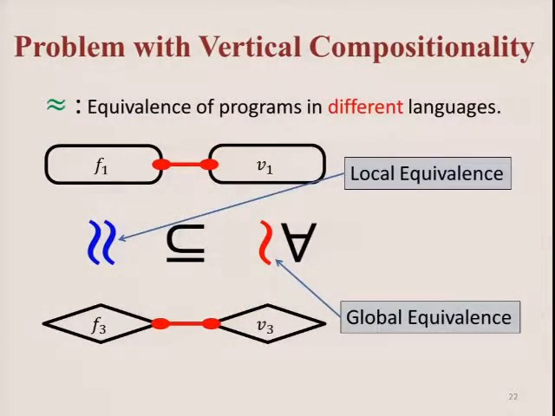So since we don't know, we first intuitively use some global equivalence. I don't know what it is. The tricky part is that we don't know what this global equivalence is. We have no information, right? Since we don't know what it is, it can be anything. So we parameterize our whole model over an arbitrary global equivalence.